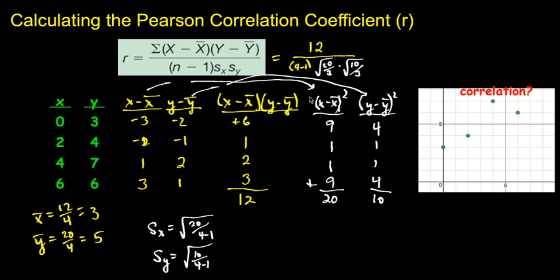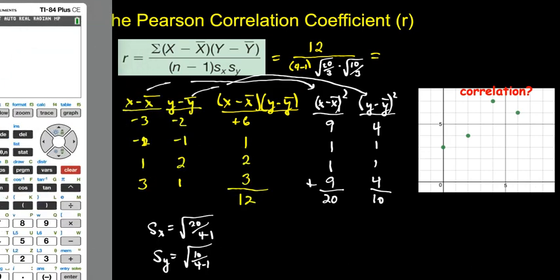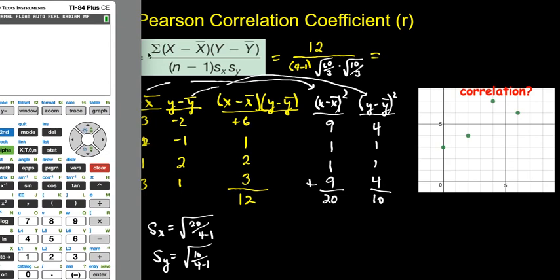And this clunky looking calculation, we're going to get our calculator out and we're going to perform that. And what we will get is our correlation value. And flop this guy, scooch it over a little bit so you can see it. So we want to do 12 divided by, I have a whole bunch of stuff in our denominators, so I'm going to put 3 in parentheses times these square roots won't need parentheses, square root of 20 over 3, and the square root of 10 over 3.